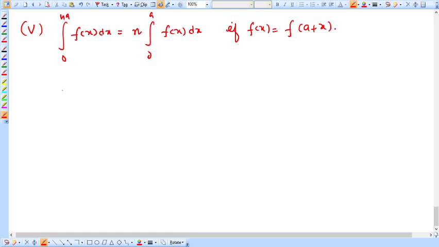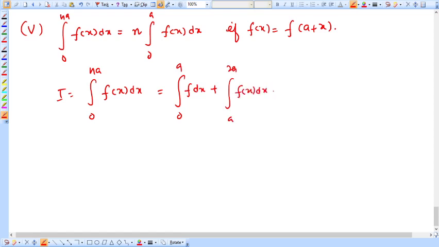Okay, so in order to prove this, here I is equal to 0 to na f of x dx, so it is equal to, can we write 0 to a f dx plus a to 2a f x dx plus 2a to 3a using property number 3, right, plus so on, and lastly you will be having (n minus 1)a to na f of x dx because of property 3.